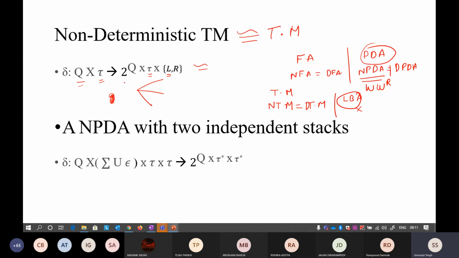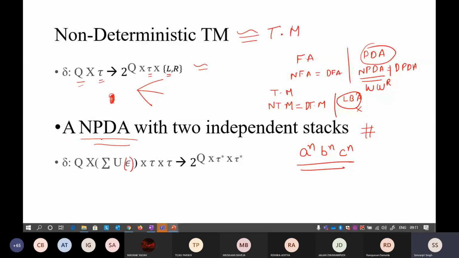I will tell you. There is another thing: your NPDA with two independent stacks. That is a very interesting thing. I've already told you that you cannot parse this language with the pushdown automata.